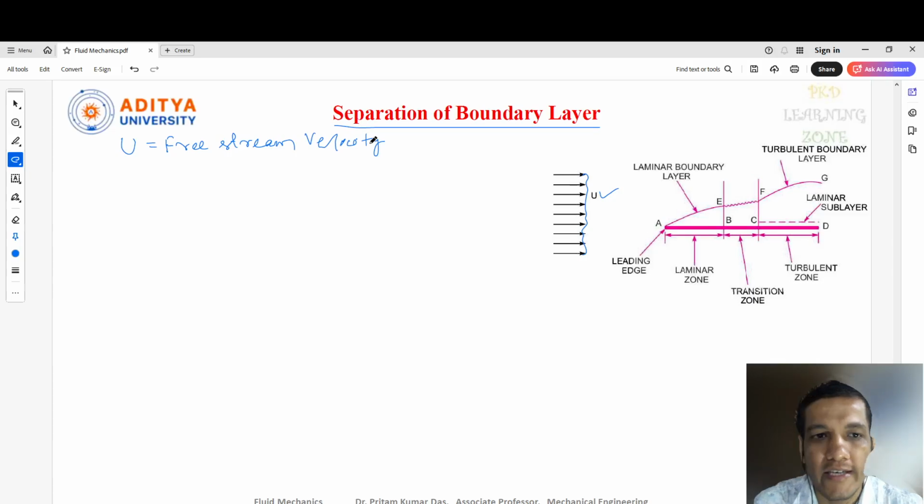We need to consider a fluid flow with a velocity of U which is flowing over a smooth thin plate.